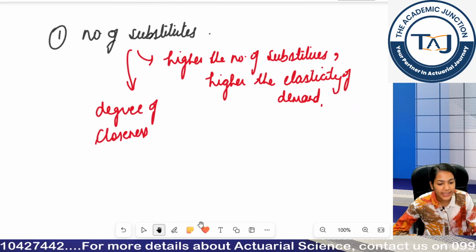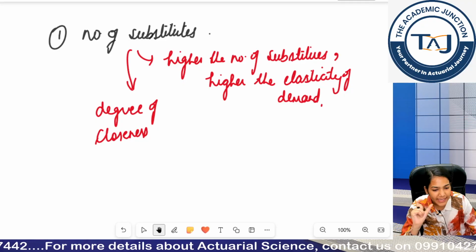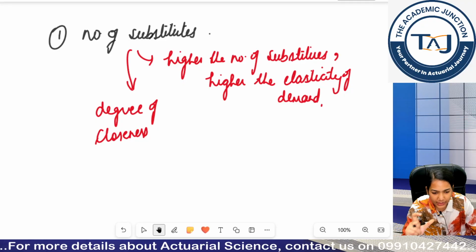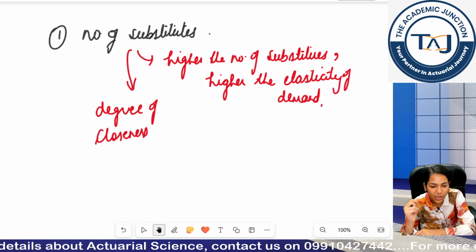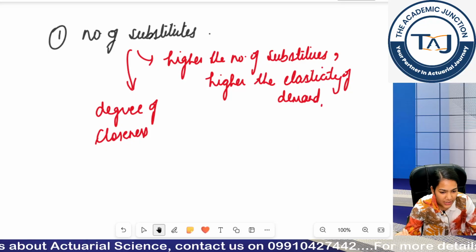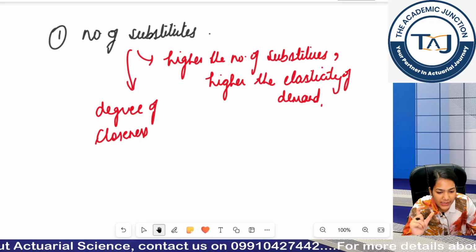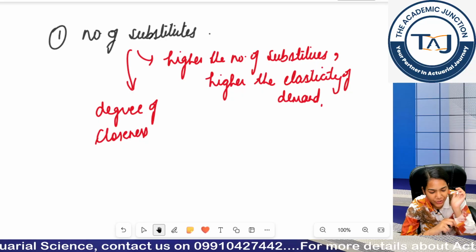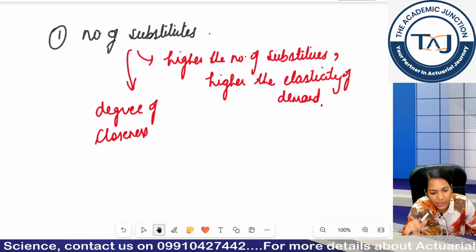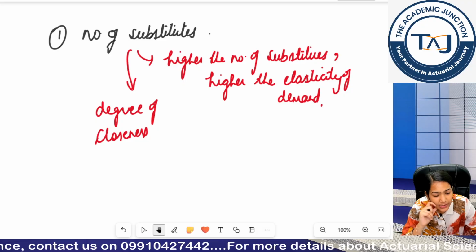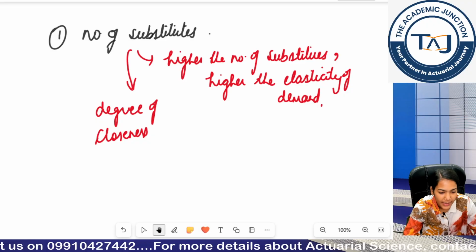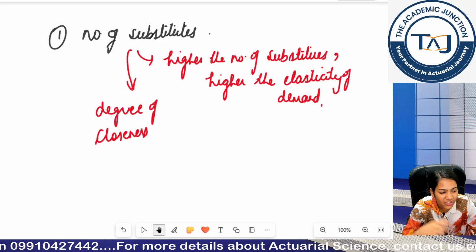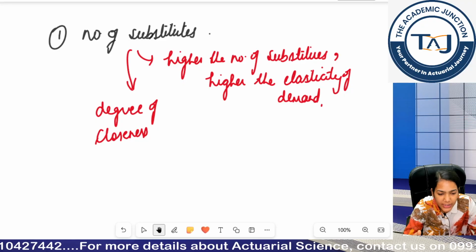For example, comparing a bus and a car, they are not such good substitutes as compared to this top or a second top option, right? So the degree of closeness is greater among my top options than between a bus and a car. As the degree of closeness increases, the chance of choosing the substitute also increases.